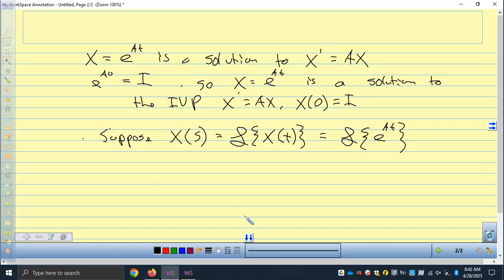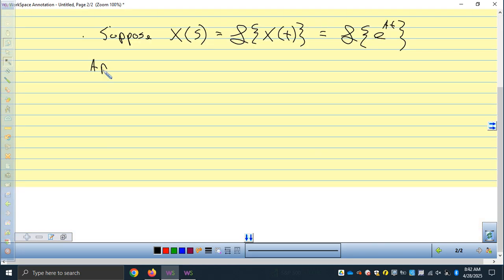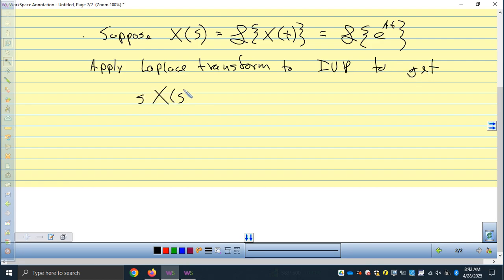We get, applying the Laplace transform to our IVP, sX(s) minus x(0) equals AX(s).